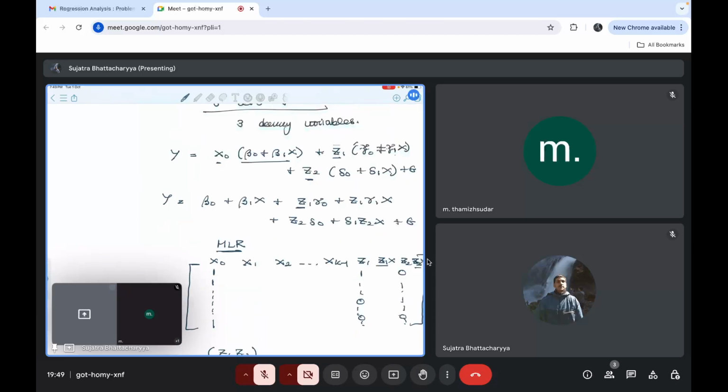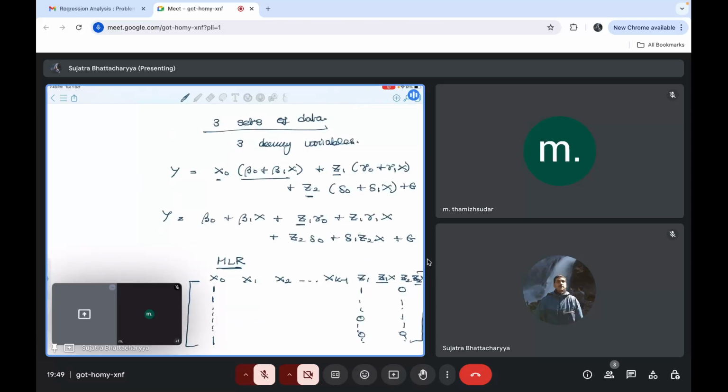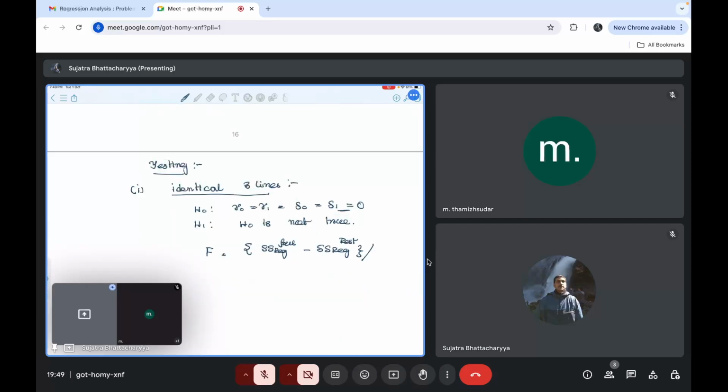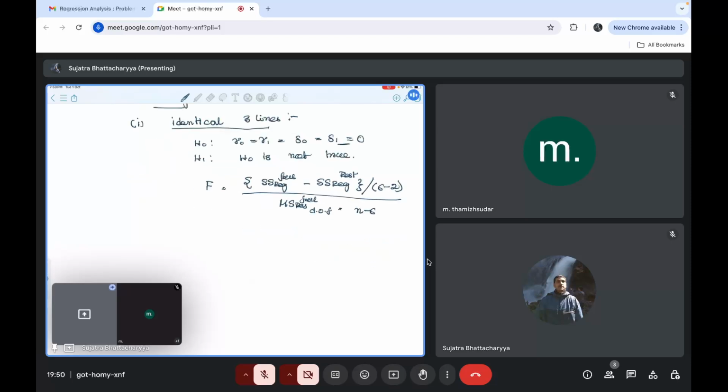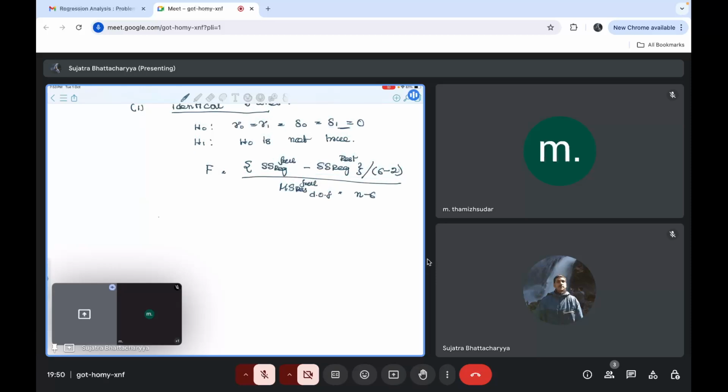And for the full model, you have one, two, three, four, five, six, six unknown parameters. So it will be 6 minus 2, divided by MS residual full model, which will have degrees of freedom N minus 6. N is the number of observations. Based on this, you test the hypothesis.